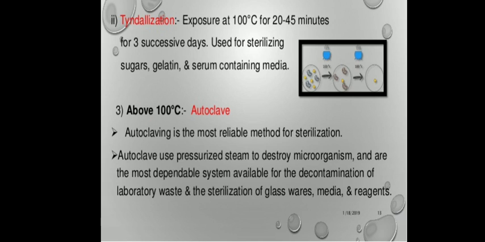Generally in a microbiology lab the autoclave is the most important equipment for the process of sterilization. Now in the autoclave the pressurized steam is used to destroy the microorganisms.